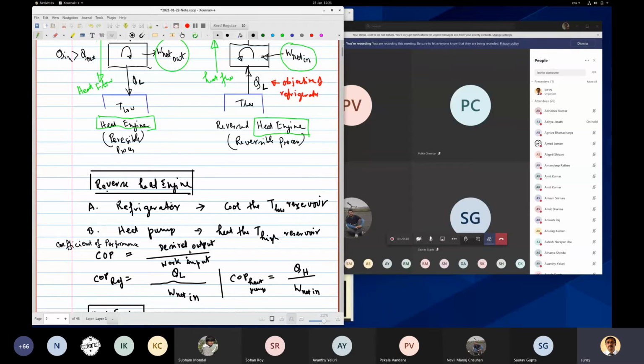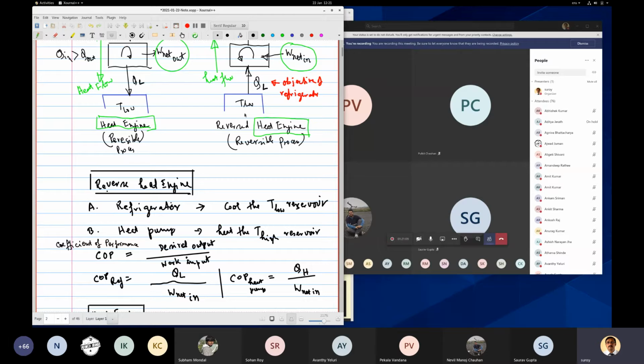So what is the desired output? In a refrigerator or an air conditioner, cooling the low temperature reservoir or the space is the desired output. And for a heat pump, say for example, in Kashmir it is snowing outside, and you want to heat up the room.